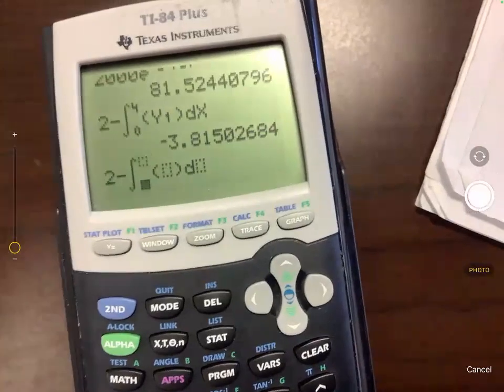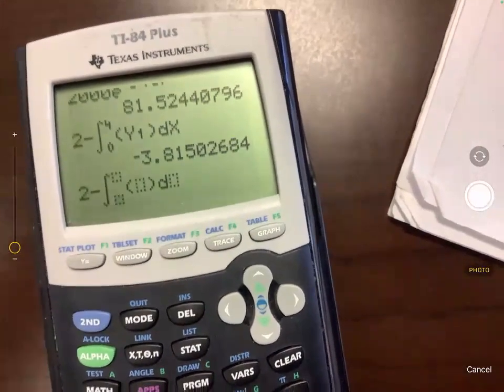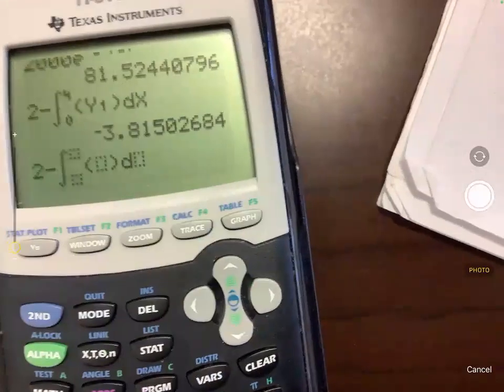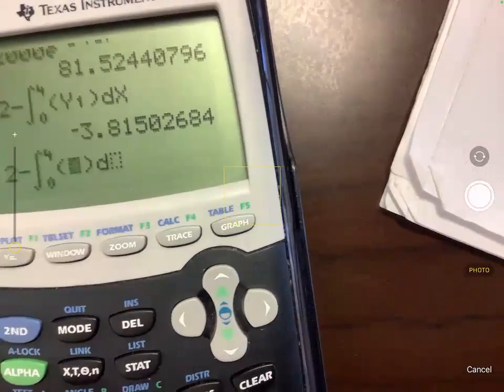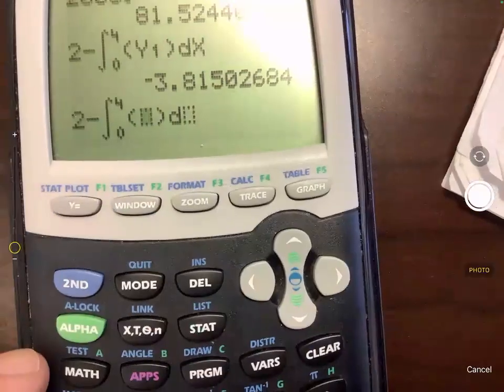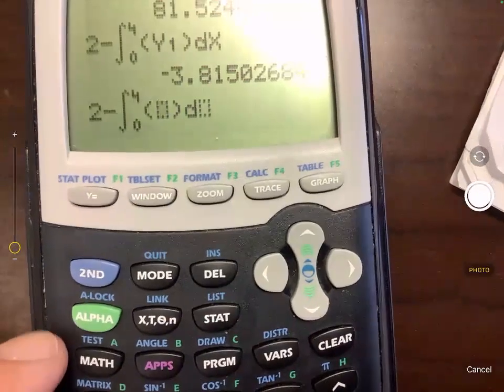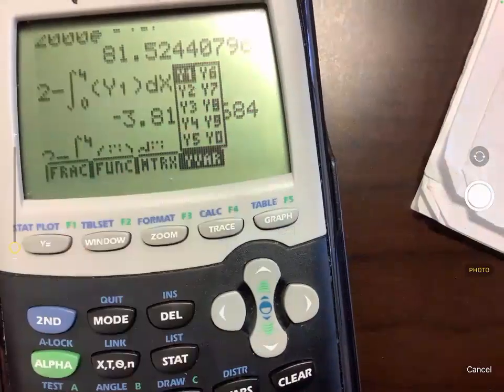Then I'm just dropping in the numbers there: 0, lower bound, 4, upper bound. The Y1 is already input, and to get to the Y1, I do alpha, trace, and that brings up my Y right there. Yeah, Cam?